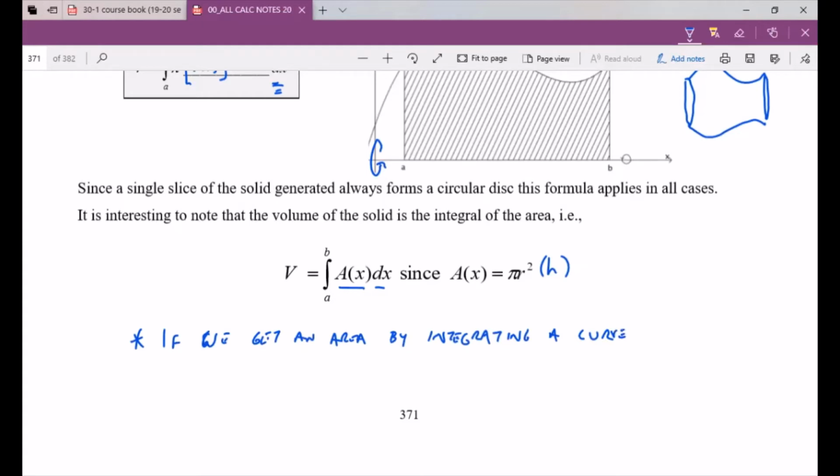If we integrate that, we get an area. And integrating again, we get a volume. That is the relationship that we have.